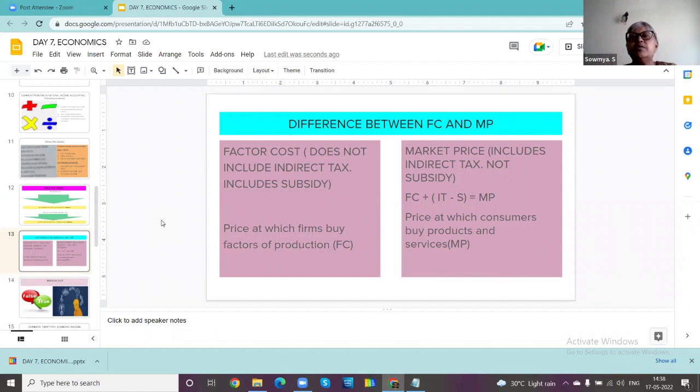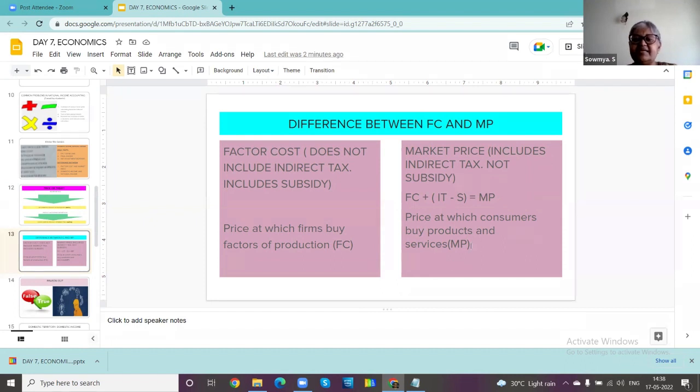Factor cost, okay, it is at the firm level. Market price, okay, it is at the market. So they will say, no, ma'am, factor cost cannot be more than market price. Then we'll have to shake our head and say, no, it can be the case, because you have forgotten the NIT there, right? What is NIT?